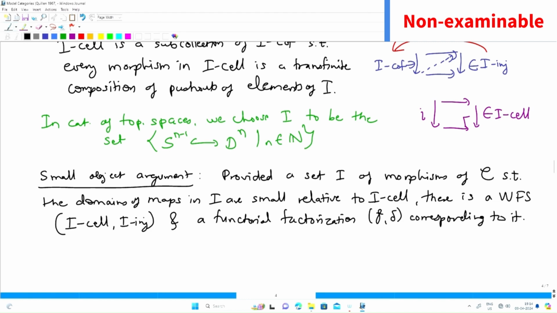So what we do is we construct a weak factorization system only starting with a collection of maps which are nice. S^(n-1) to D^n, those are nice. So we can construct a weak factorization system, and if you want to construct a model category, then you need to start with two sets of morphisms, I and J, and then you will construct two weak factorization systems simultaneously, and that is called a cofibrantly generated model category.